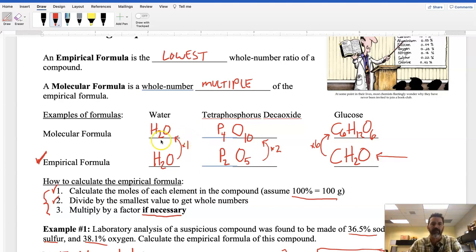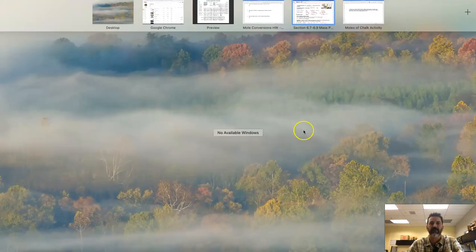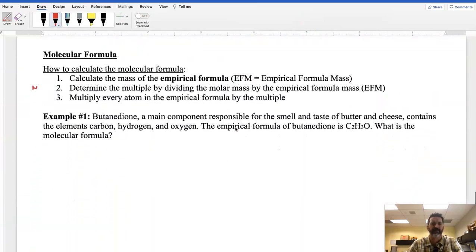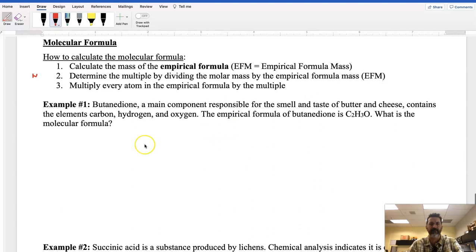The molecular formula is some sort of multiple of that. So this was a multiple of 1. This was a multiple of 2. This was a multiple of 6. So we just need to know what is the actual number of atoms in the compound. What is the molecular formula? We're going to try and figure out what that multiple is that I need to multiply by.